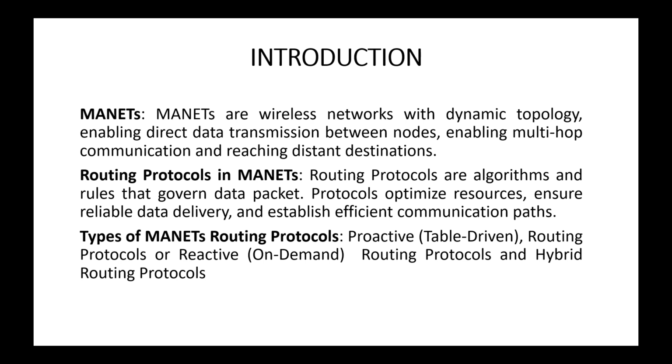Each node maintains a routing table that contains information about routes to all other nodes in the network. Examples of proactive routing protocols are DSDV, which is Destination Sequence Distance Vector, OLSR, which is Optimized Link State Routing, and Wireless Routing Protocol, which is WRP.